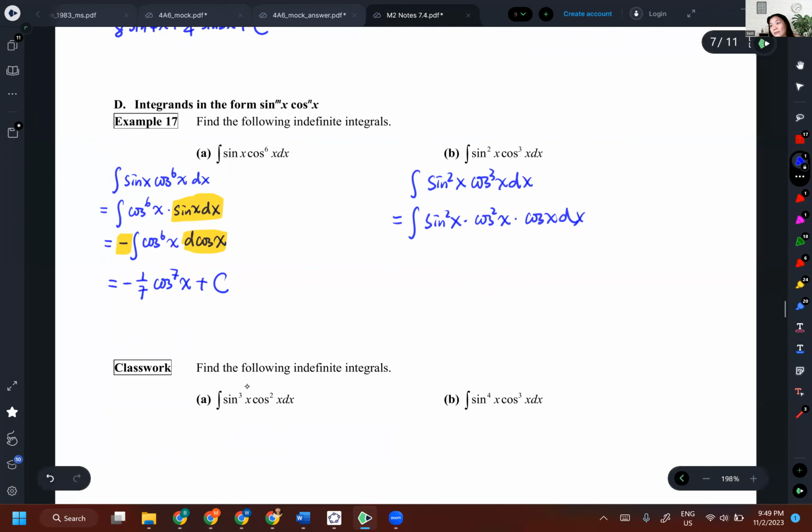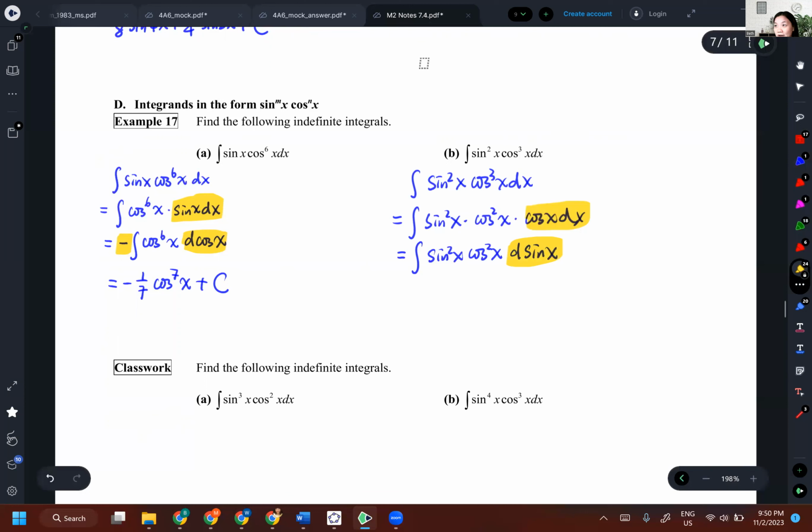Now the odd one will become an even times cosine x dx, if you know what I mean. And then it will become sine squared, cosine squared. Now it's all even outside, but this one is d sine x. There's your substitution.